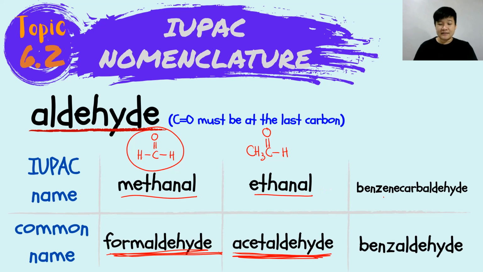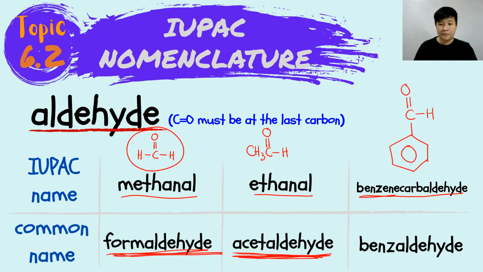Last but not least is the one that we came across previously. If the IUPAC name is benzene carbaldehyde, that is actually your benzaldehyde, where you have your benzene ring holding the aldehyde group directly attached to the benzene.